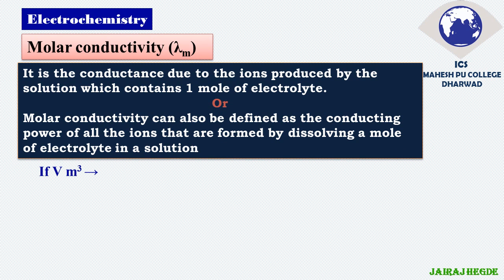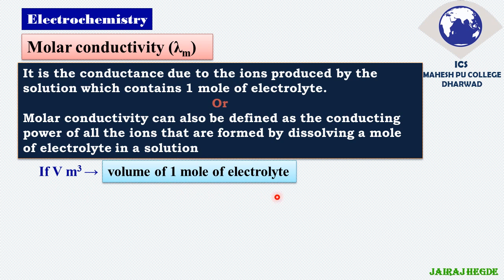Let me take an example. If volume is taken in terms of meter cube, and 1 mole of electrolyte is present in 1 meter cube of volume, then I can write the formula for molar conductivity like this: lambda m is equal to kappa into volume.